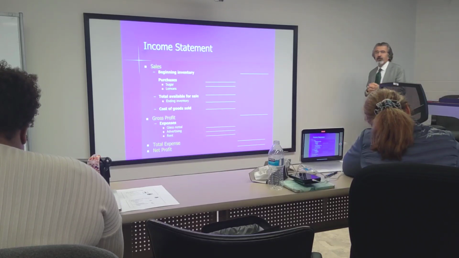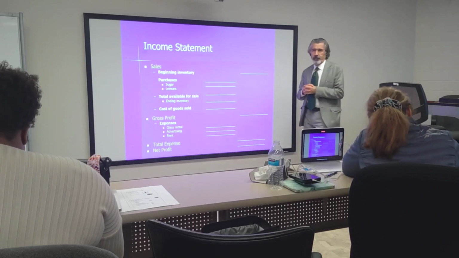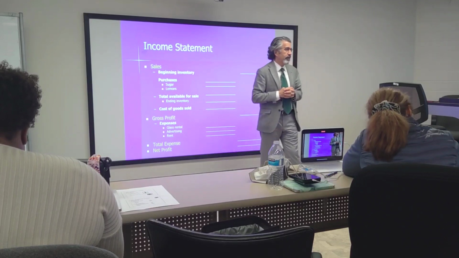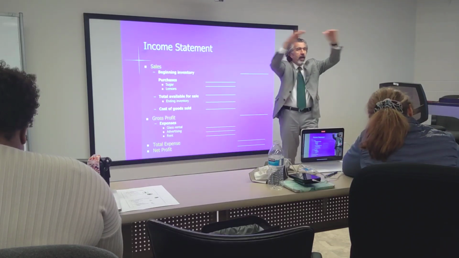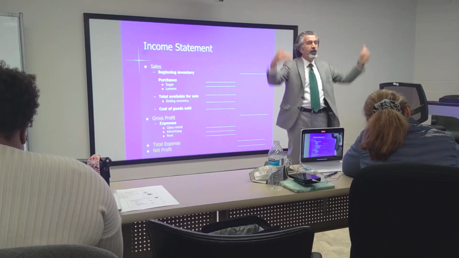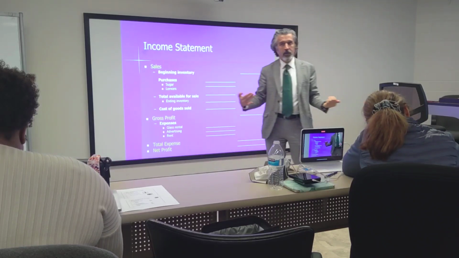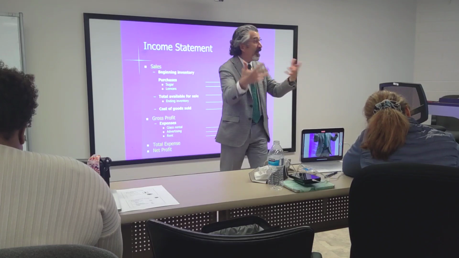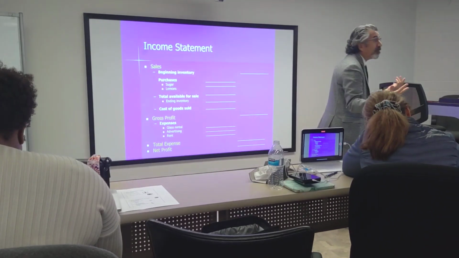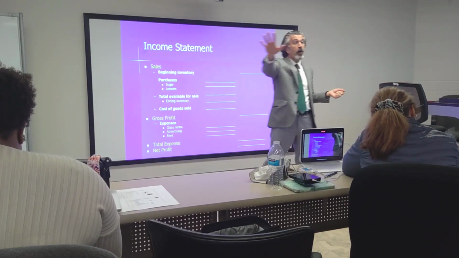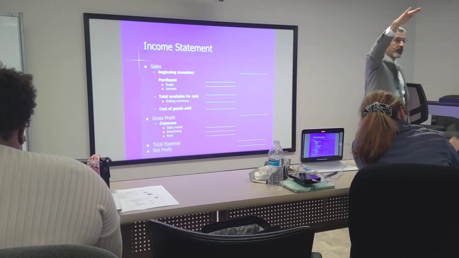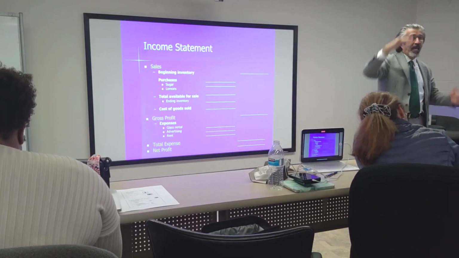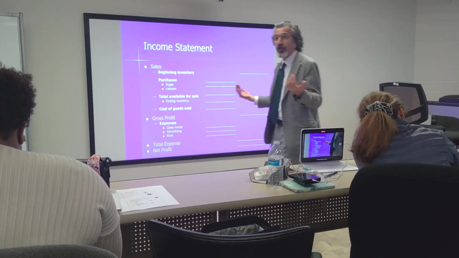What is the cost of goods sold? 12 minus 2. You started with 12, but you have 2. So you must have sold $10 worth of stuff. I'm not talking price, I'm talking about cost. Beginning inventory was $12. Everybody's with me? Ending inventory in the refrigerator is $2.